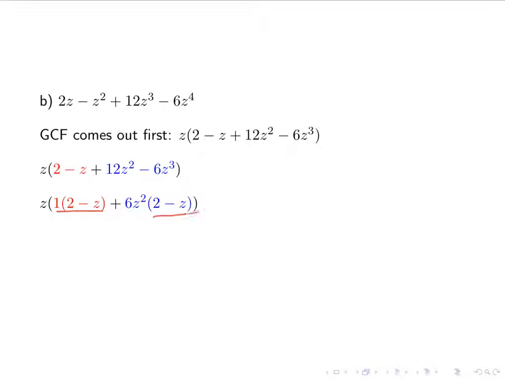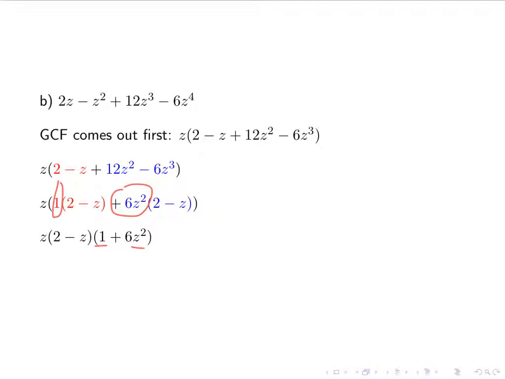And here again is the 2 minus z that we have in common here. So I'm going to pull that out, and I'm left with the 1 plus 6z squared. So again, don't forget, the 2 minus z's cancel, but I'm left with a 1. I had 2 terms, I still have 2 terms.